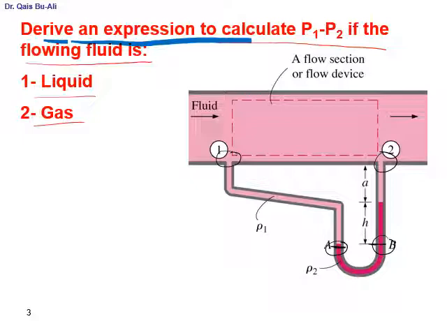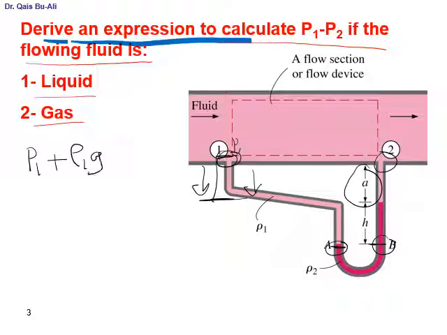So if this is 1, the pressure here is P1. Then I will go down, from here to here. If I go down, pressure increases, as you know by now. So P1 plus, when I go down, the pressure increases by rho 1 G A, because I go down this distance.